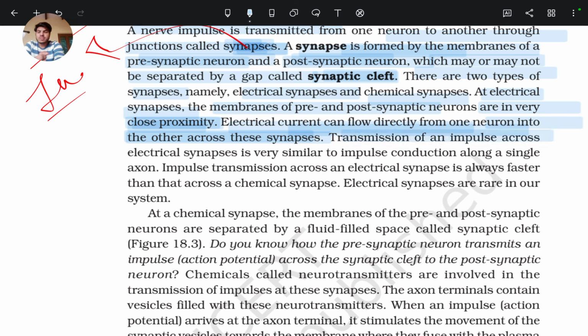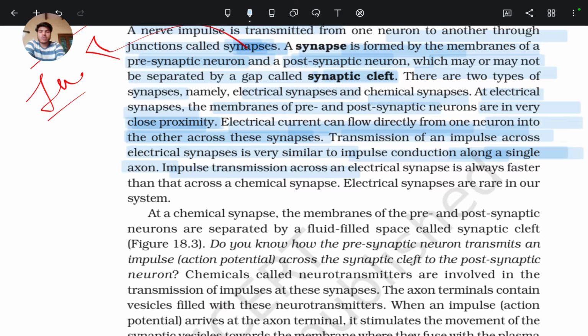Transmission of an impulse across electrical synapses is very similar to impulse conduction along a single axon.